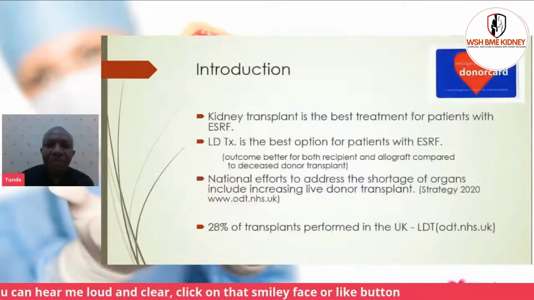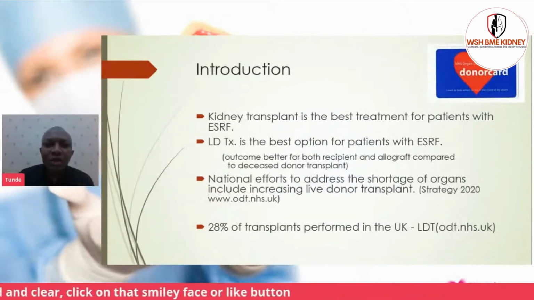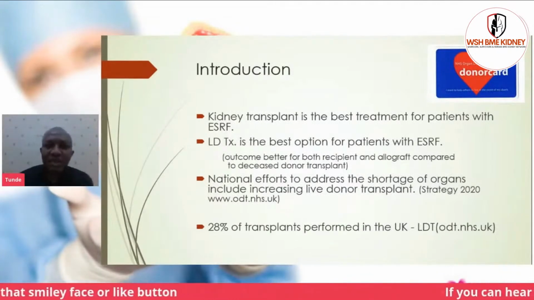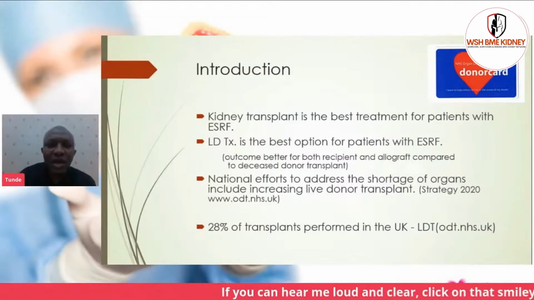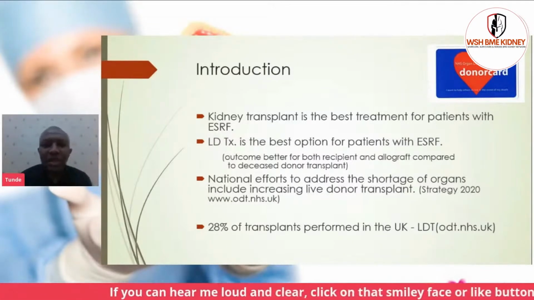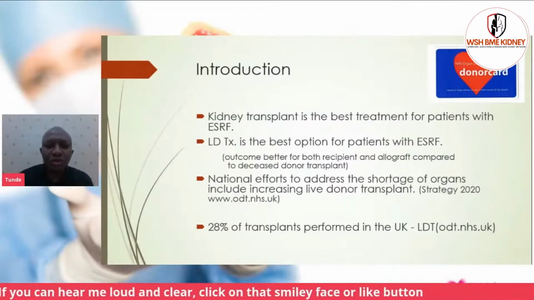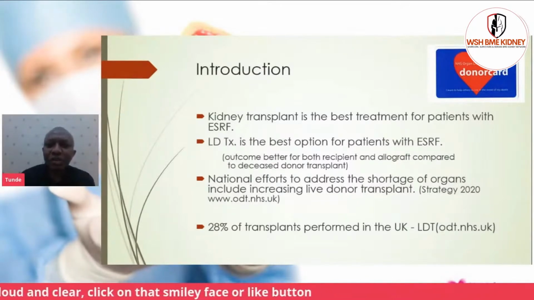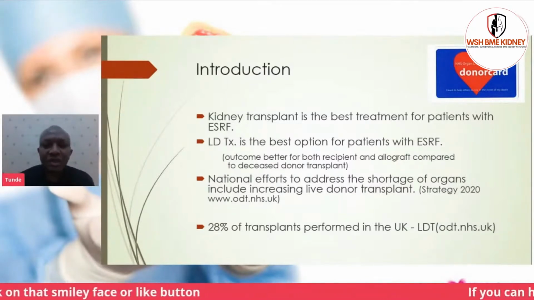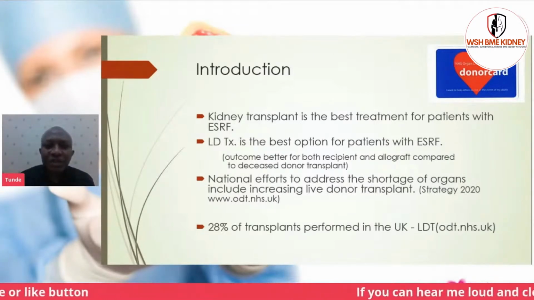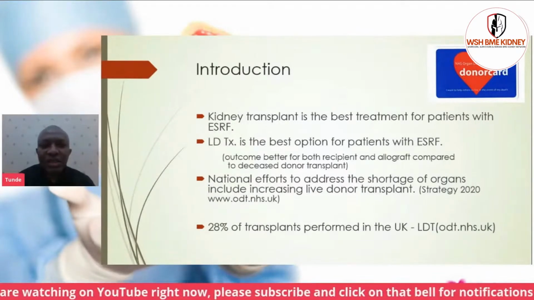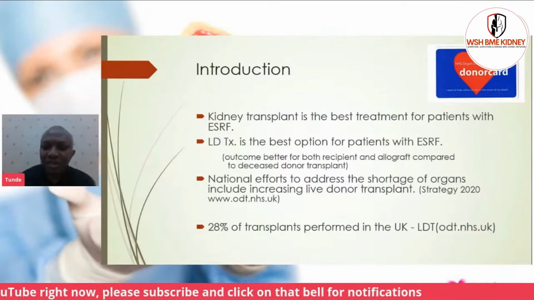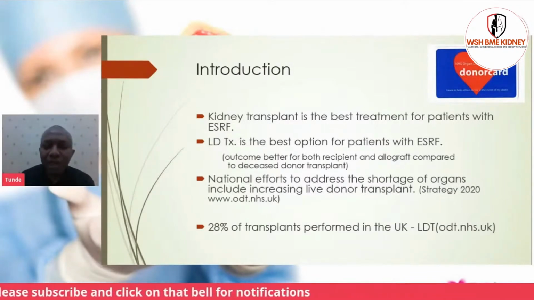Now, we know that live donor transplant is the best option for patients with end-stage kidney failure. And there have been a lot of issues regarding the shortage of organs for transplantation. So there have been national efforts ongoing to address the shortage, including increasing the live donor transplant rate in the UK.